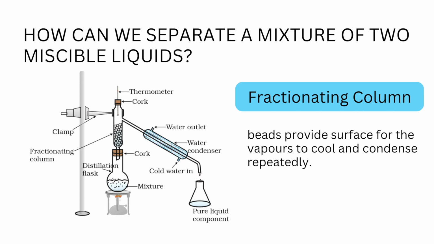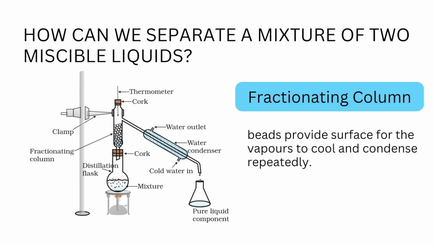The glass beads provide a surface for the vapors to cool and condense repeatedly. They provide surface area, and as surface area increases, the cooling effect also increases. So these glass beads remain cool and allow the vapors to get cooled easily, and then they are passed on to the water condenser and collected as liquid.